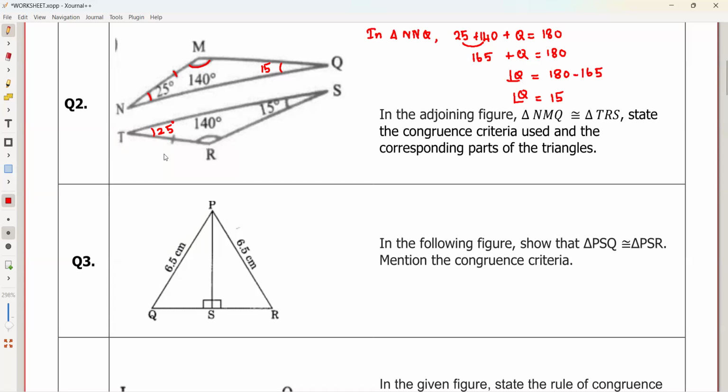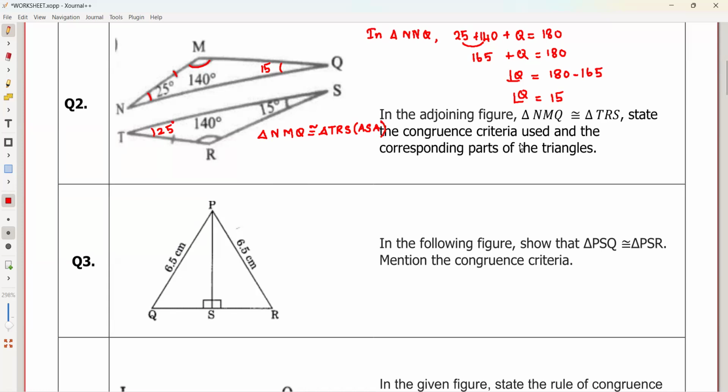Now I can write here: triangle NMQ is congruent to triangle TRS, based on the ASA rule.